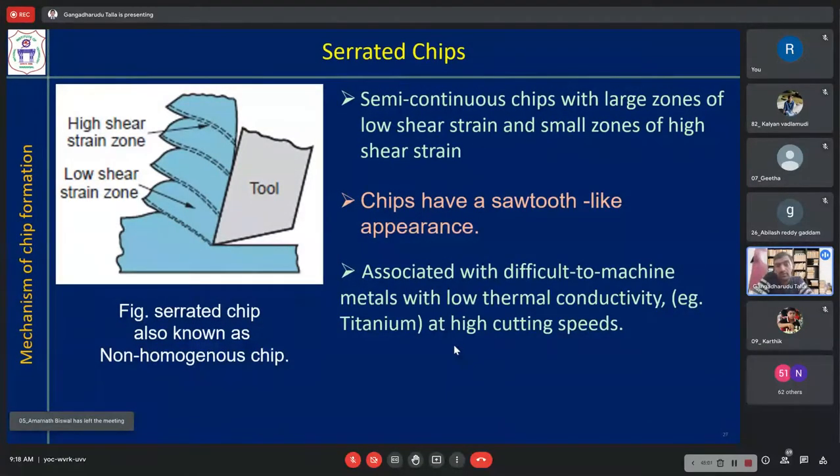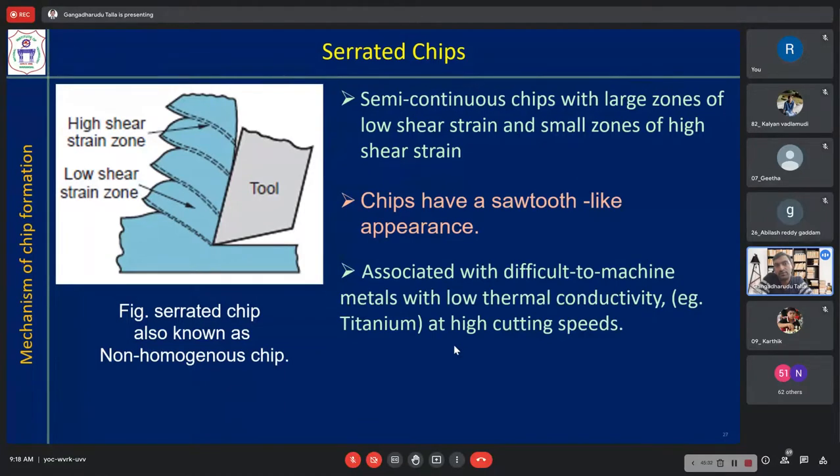See, you remember one thing, most of the heat generated during the cutting process will be taken away by the chip. Understand? So once the chip is going away very quickly, most of the heat will be left in the cutting zone itself. Chip will take a small amount of heat. So that heat is not going inside the workpiece, because the workpiece is heat resistant.